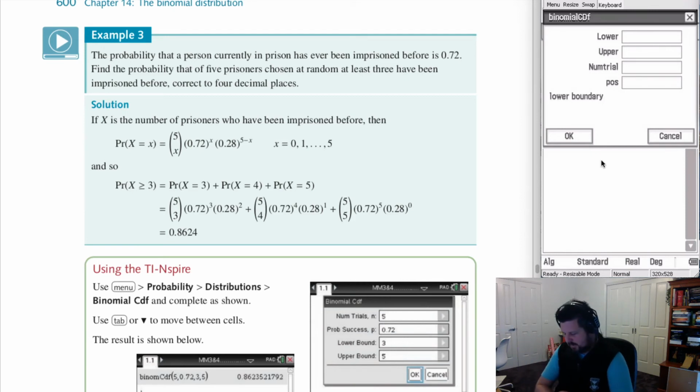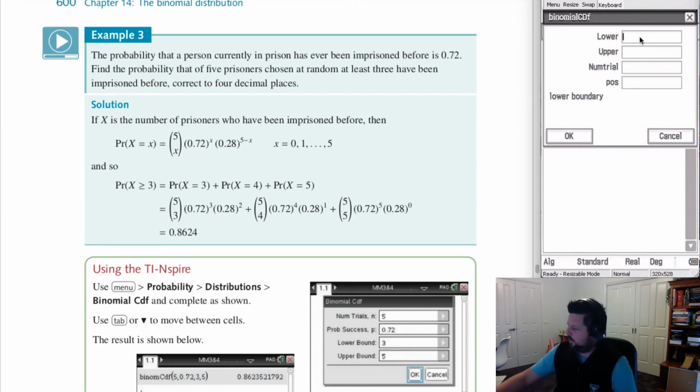Because we were looking at the probability of there being at least 3 being imprisoned before, we're looking at the probability of x equals 3, 4, and 5.